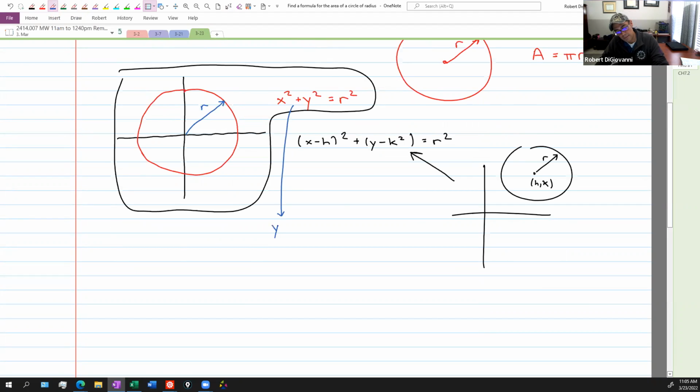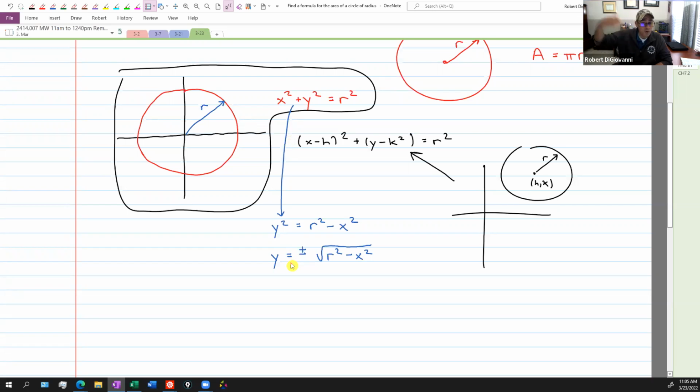If I move the x squared to the other side and take the square root, I have to do plus or minus the square root of r squared minus x squared. That gives me the equation solved for y.